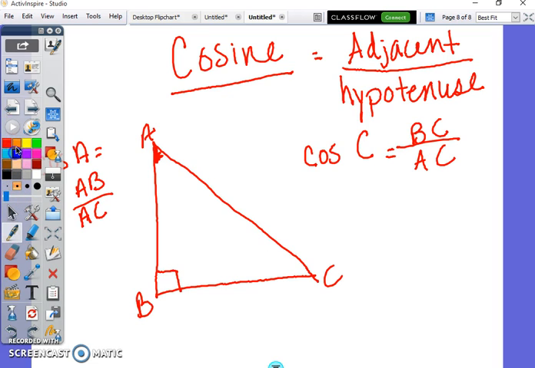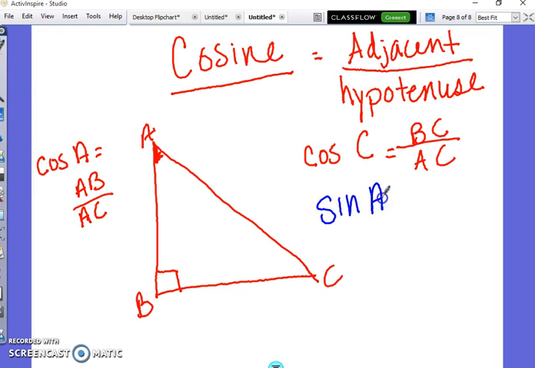So sine A is the same as cosine C, and sine C is the same as cosine A. Sine B would be hypotenuse over hypotenuse, which is 1. If you put sine of 90 degrees into your calculator, you would get 1.